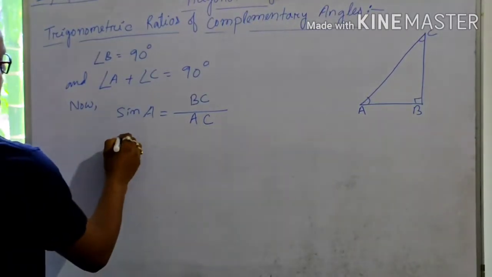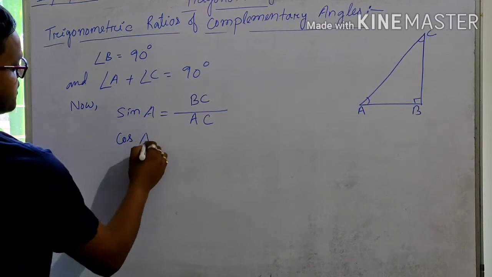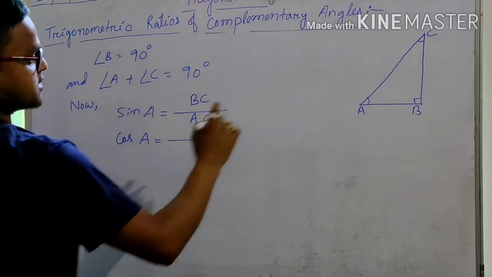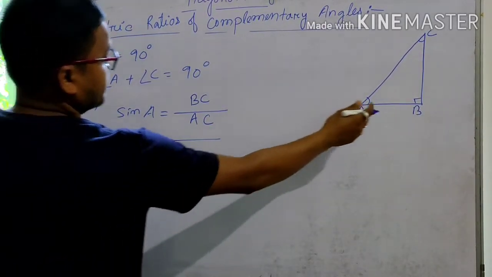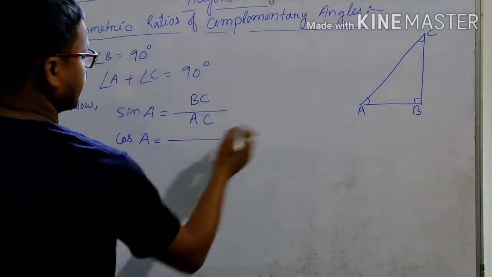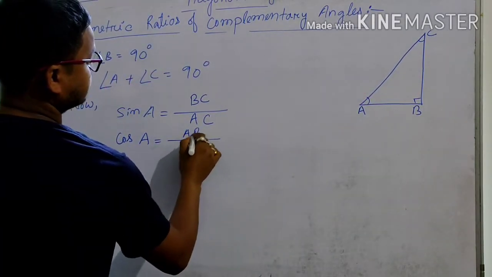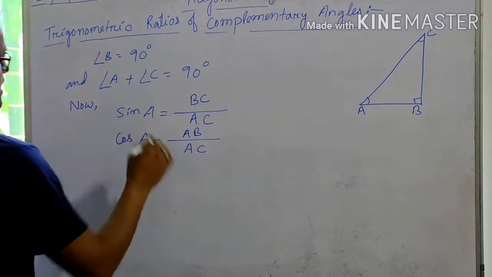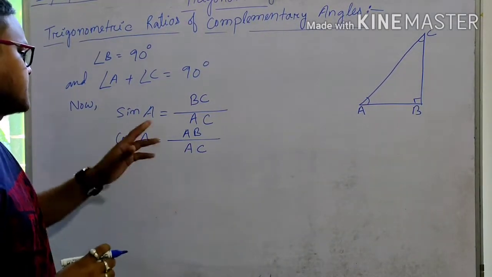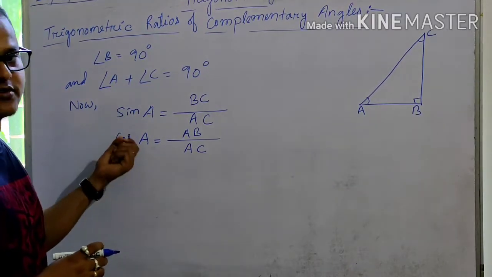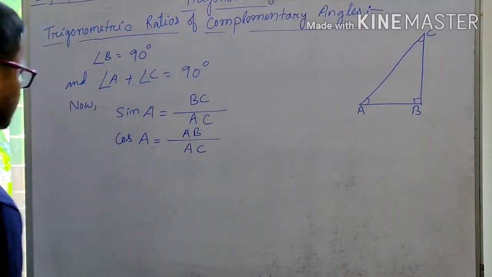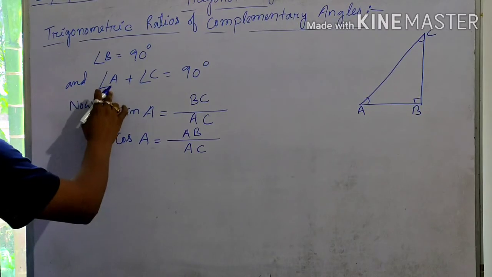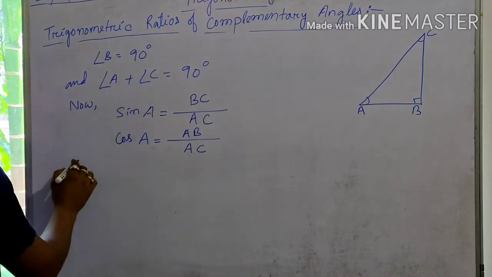Another we can take is cos A, which is base by hypotenuse. Your base is AB and hypotenuse is AC. Other ratios we can also take, but I take only these two.